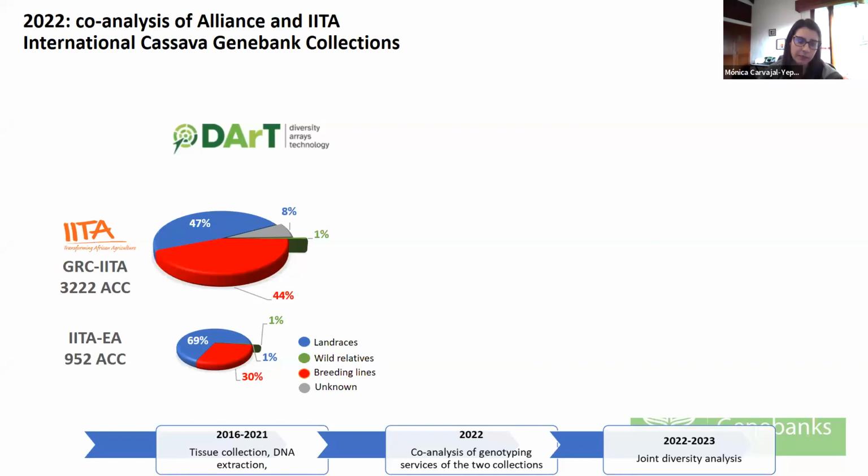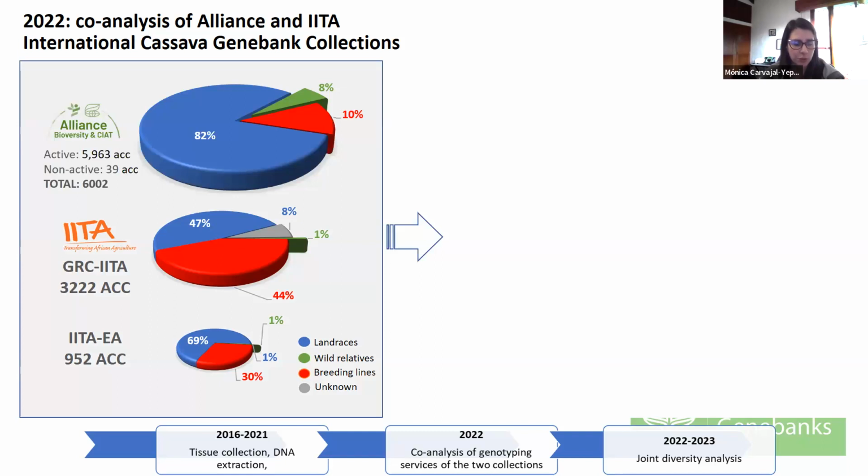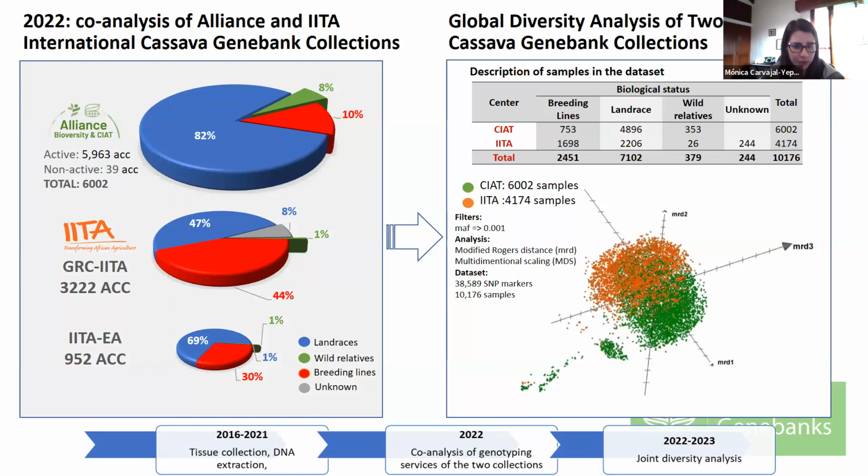They conserve cassava in 2 sites, but you can see that the majority represents breeding materials and some landraces. So in 2022, we co-analyzed the 2 DSI sets of the 2 collections together and performed a joint diversity analysis. In the table, you can see the composition of the samples that were included in this analysis.